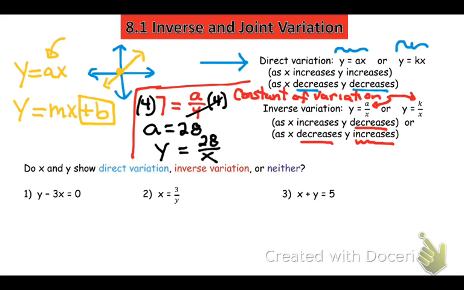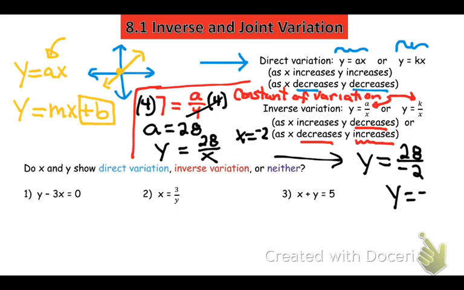And then sometimes you'll be asked to put in a value for x or another value for y. So let's go ahead and do that. Let's say x is equal to -2, and we want to solve for y. Simply, we would just say y equals 28 divided by -2, so y equals -14.